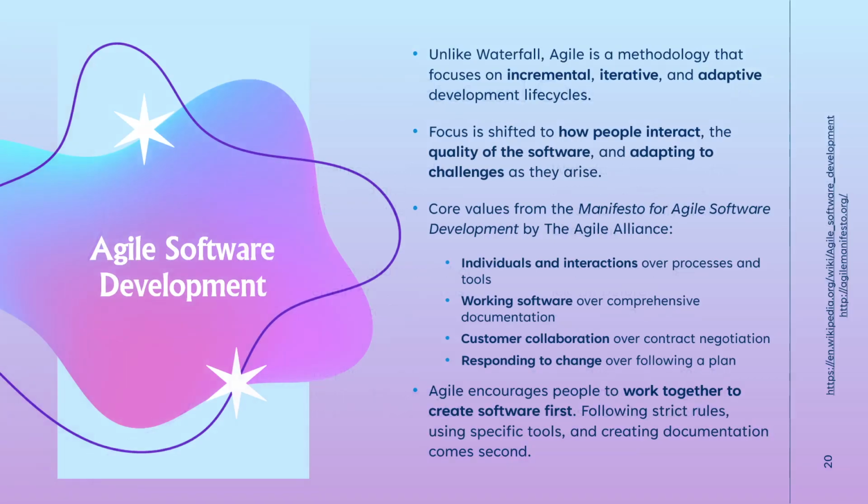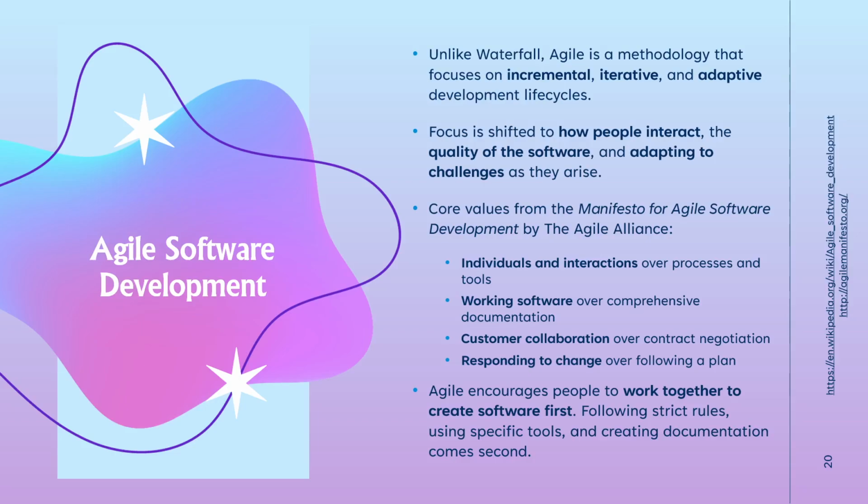Agile, on the other hand, is a methodology that solely focuses on incremental, iterative, and adaptive development life cycles. Whereas in waterfall, the focus is towards the documentation and how the software will survive on after development is complete.